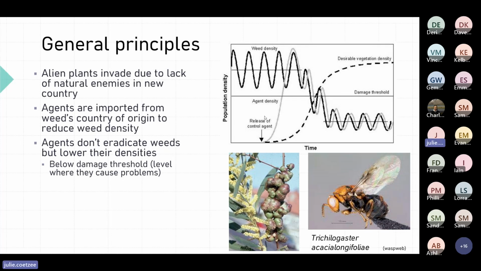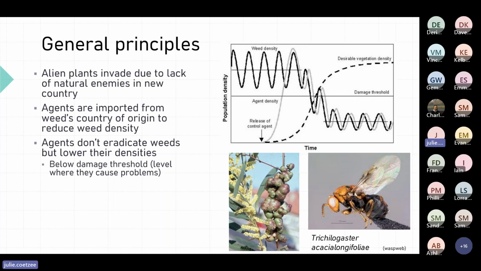Once a biocontrol agent is released, and this is in classical biological control, the biocontrol agent obviously starts off from a very low density. But given the amount of invasive plant or food available for it, it quickly, or sometimes slowly, depending, builds up its population density to such a point that it then starts impacting the population density of the invasive plant.